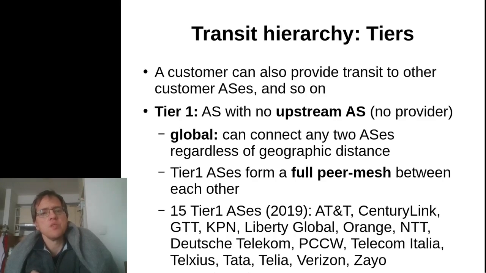So tier 1s are usually global internet service providers that have their own global network infrastructure, and they can provide connectivity between any two ASs throughout the internet.